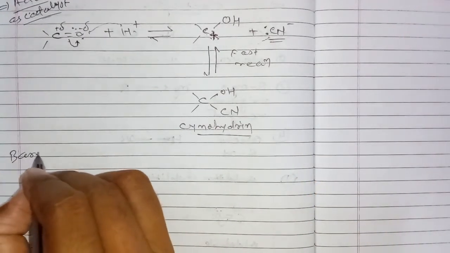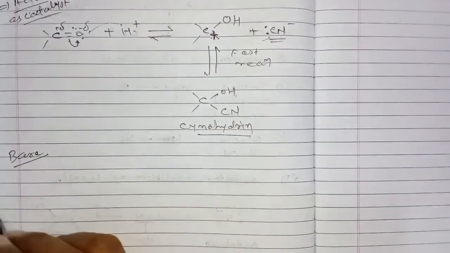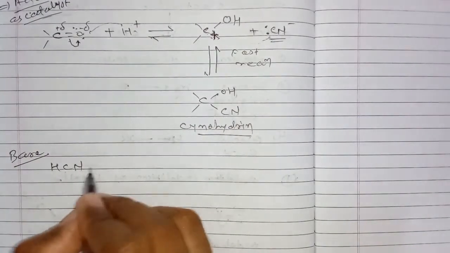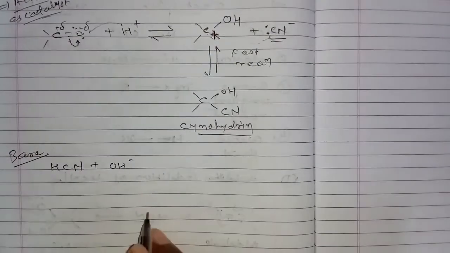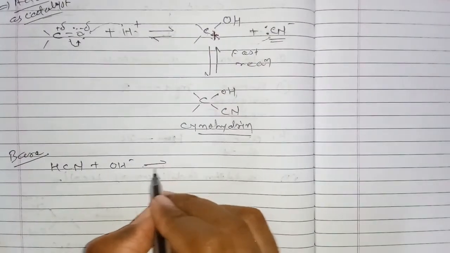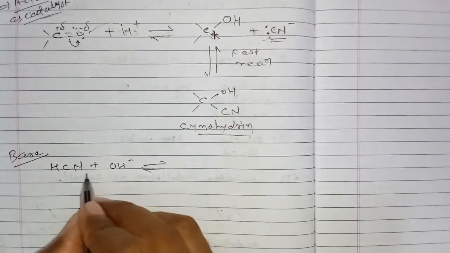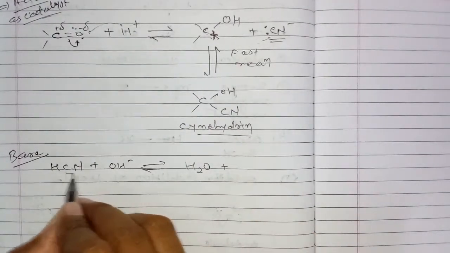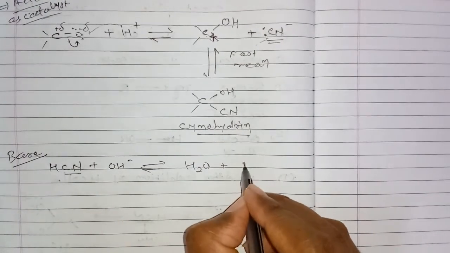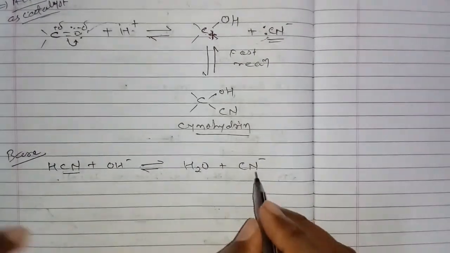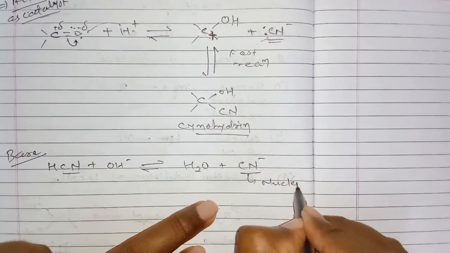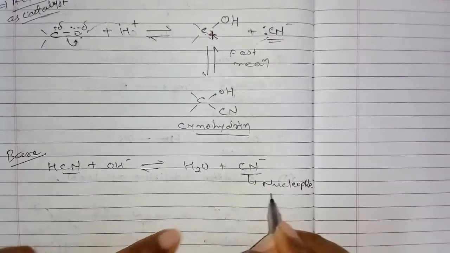When base is used, hydrogen cyanide reacts with hydroxide to give H2O, and CN minus is formed, which is a nucleophile.